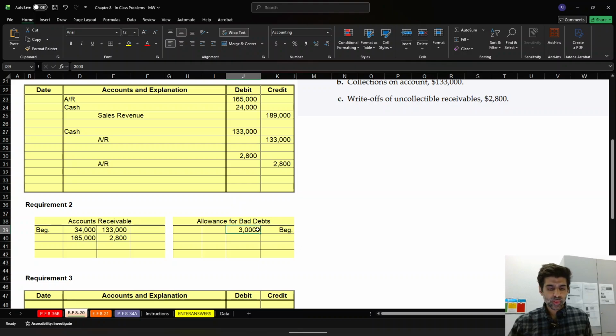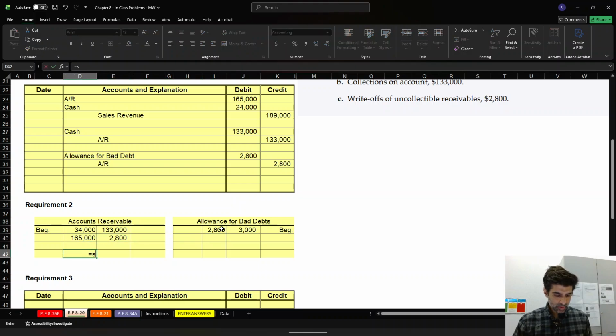We have this $3,000 set up to account for that. We expected this to happen essentially, so we already have that allowance for bad debt piggy bank that we're going to debit. Now we'll have our unadjusted balances.